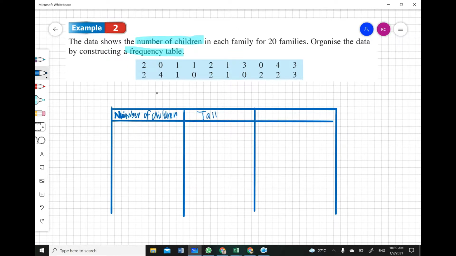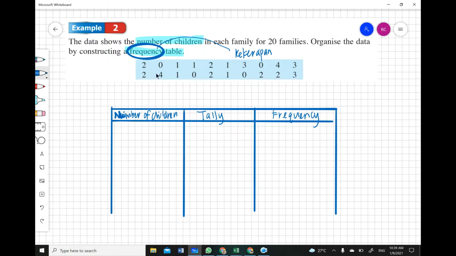Do you know what a tally is, class? No? Okay, never mind, we go through that later on. And because we need to construct a frequency table, we write down the frequency. Frequency in Malay is kekerapan. You count the number of times it occurs.